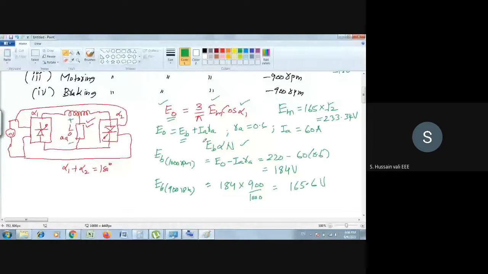So we got EB, we got IA, we got RA. Then we can easily find E naught. E naught is equal to 165.6 plus 60 into 0.6.